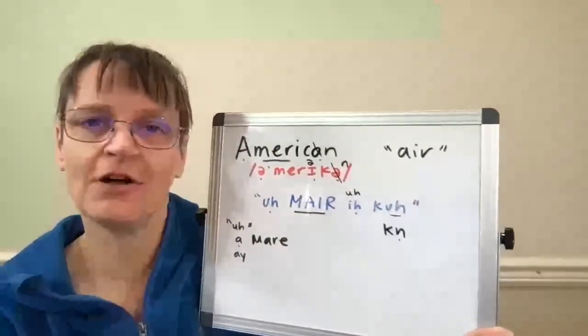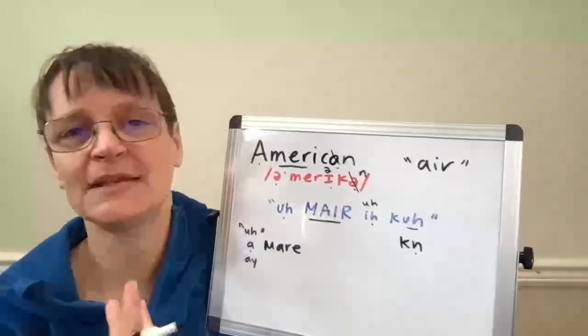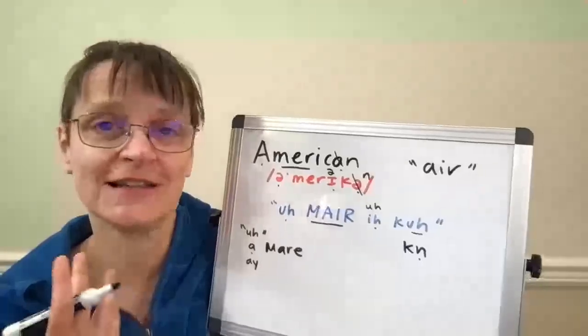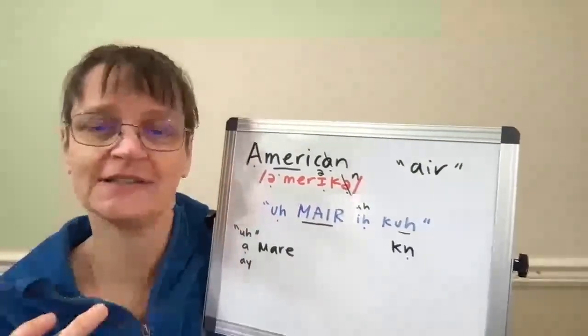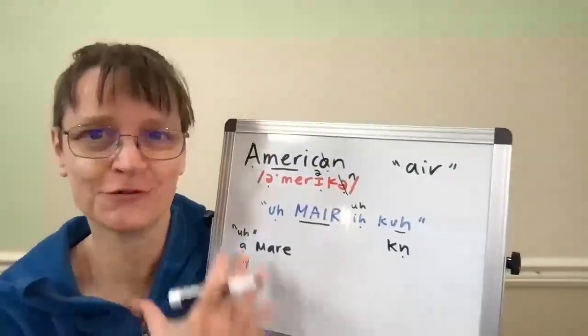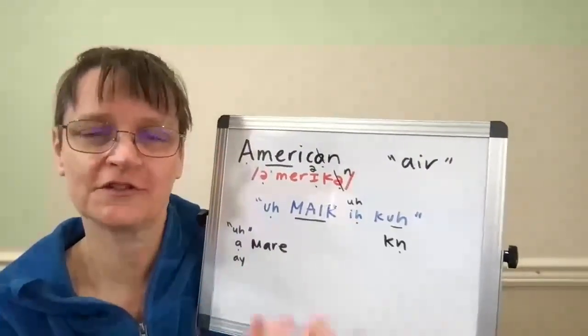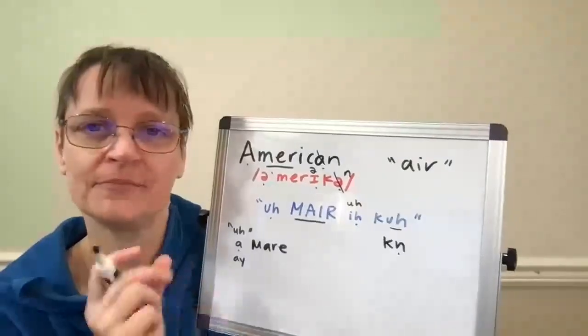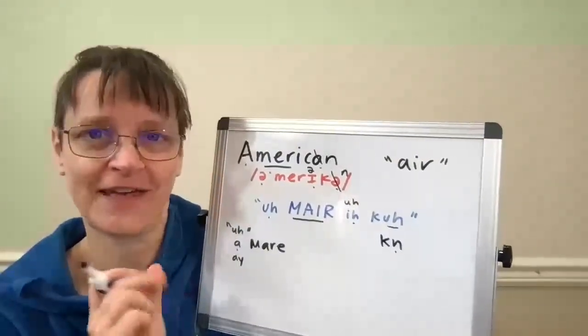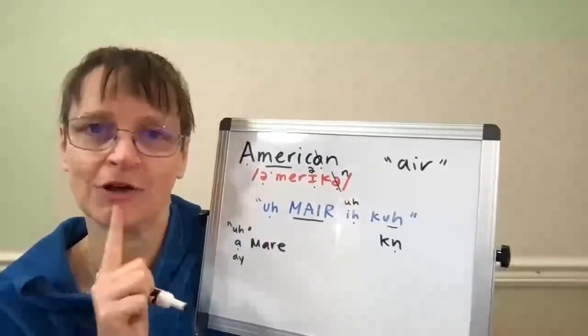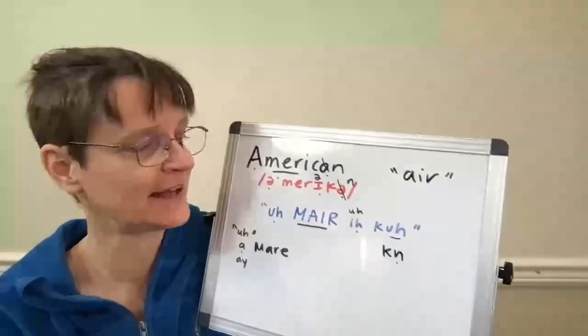That N is called the syllabic N. Basically, it's when a consonant like N is the only sound in a syllable. Normally, the rules for syllables is that they have to have at least one vowel sound, but for syllabic N or syllabic L, that consonant sound acts alone. You can go directly from the K to the N sound.